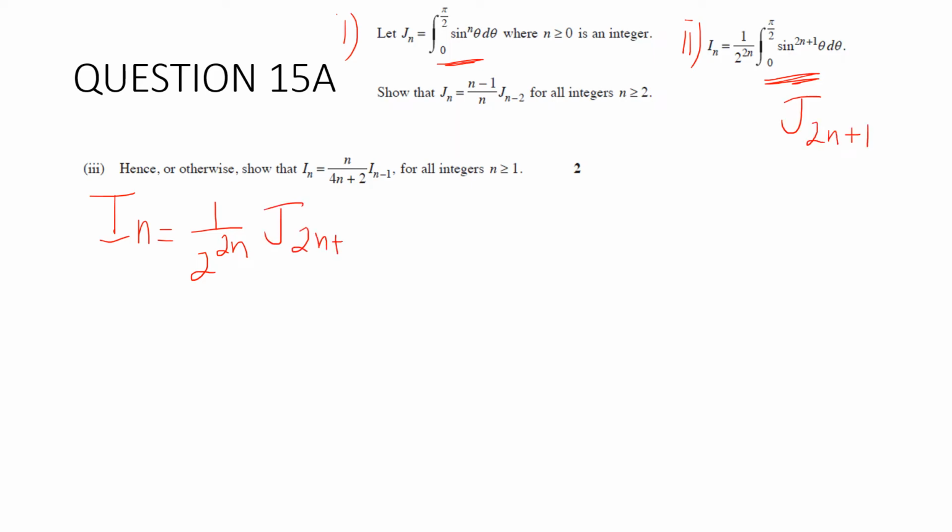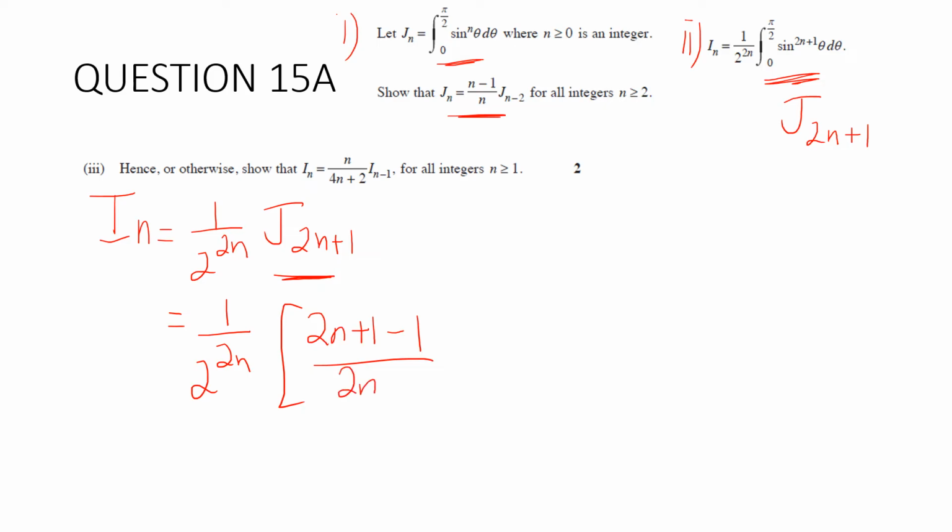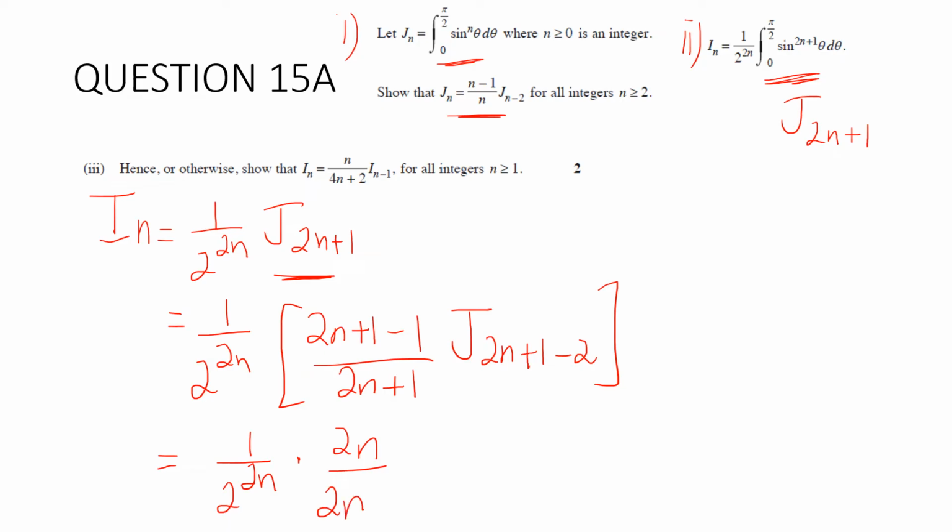So this is equal to 1 over 2 to the power of 2n, and now let's use this relationship here. So it's going to be equal to 2n plus 1 minus 1 over 2n plus 1 J 2n plus 1 minus 2. Tidying that up, 1 over 2 to the power of 2n multiplied by 2n over 2n plus 1 J 2n minus 1.